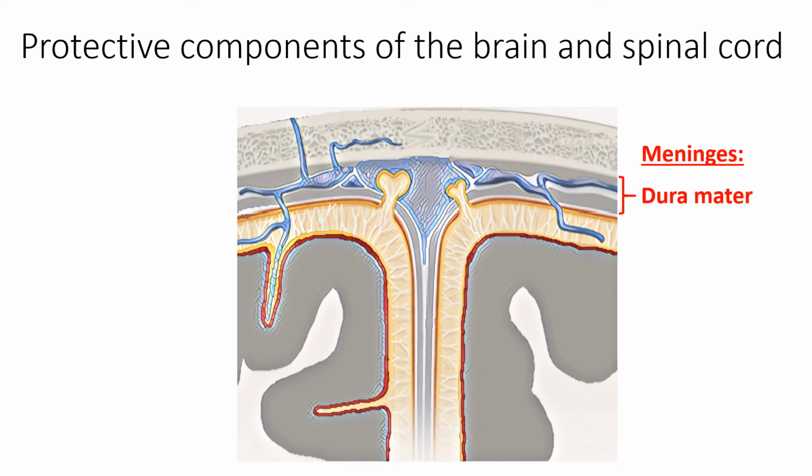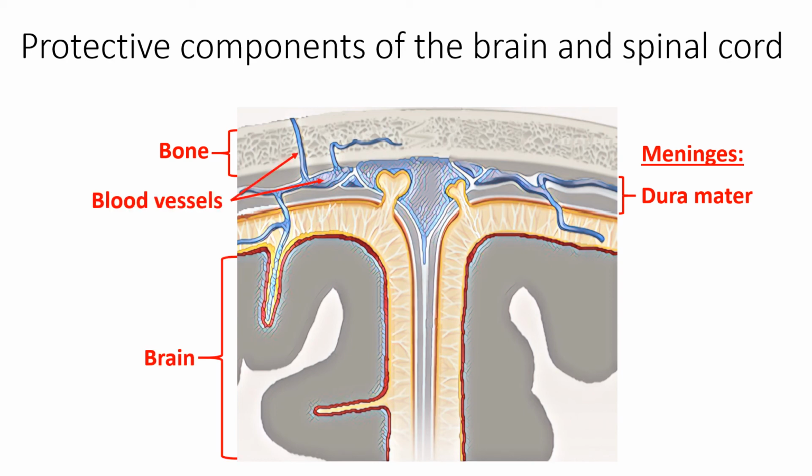Dura mater is the outermost protective membrane attached to the inner surface of cranial bones and vertebral column. It is composed of thick fibrous layer of connective tissue covering brain, spinal cord, and major blood vessels that enter the central nervous system.